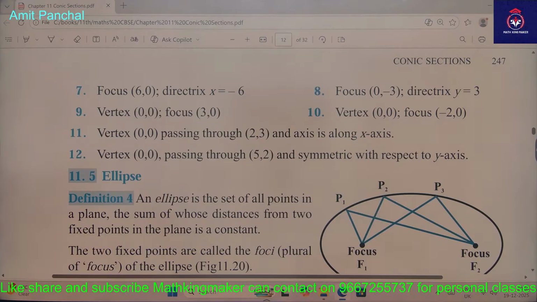See, its vertex is 0, 0, passing through 2, 3 and axis is along x-axis. So definitely it will have x-axis as the axis. So basically 11 and 12, both the questions are along the same axis only. Because symmetric with respect to y-axis and axis along x-axis, both mean the same thing, right? Yes. Okay.